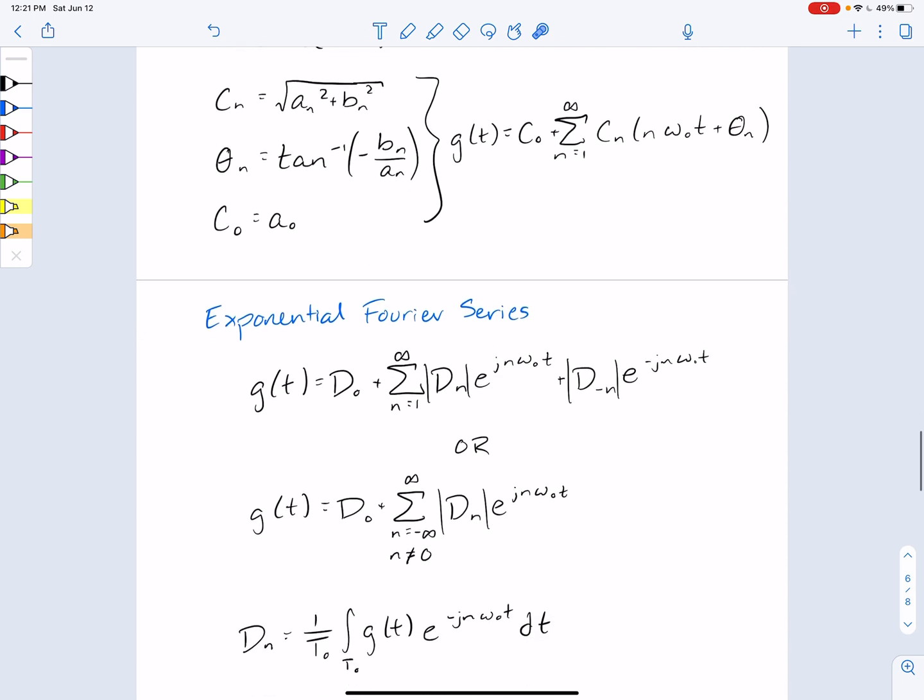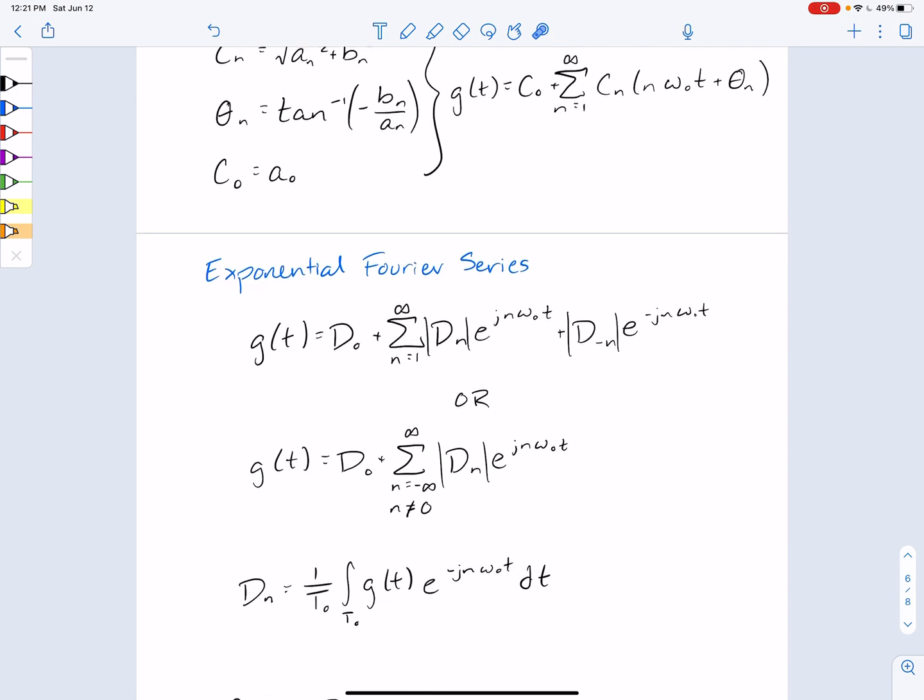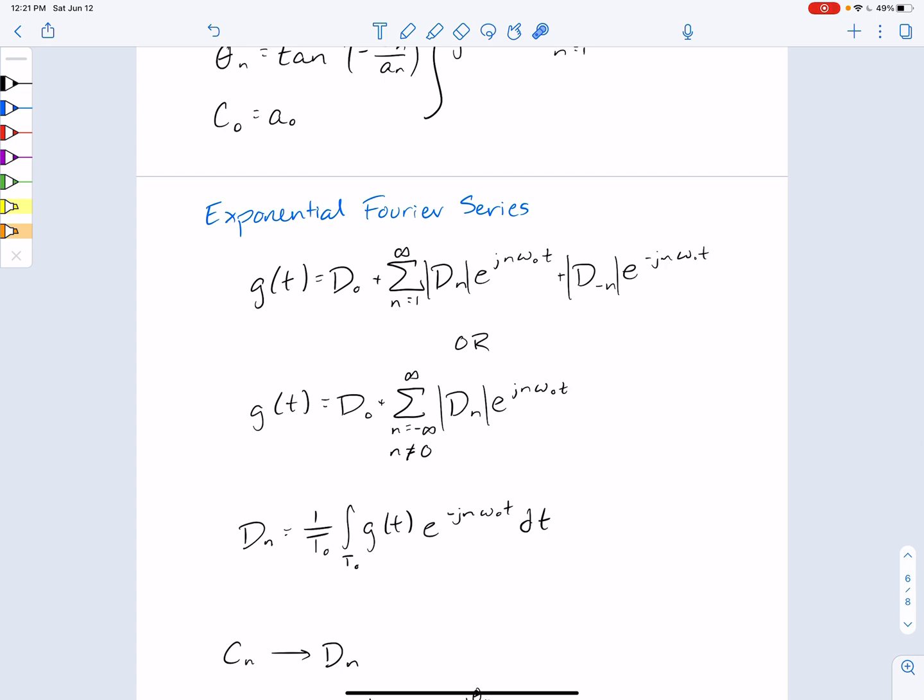Let's go on to the exponential Fourier series. Don't confuse the magnitude of Dn with Dn. The magnitude is just the coefficient, and Dn is the coefficient plus your exponential term.